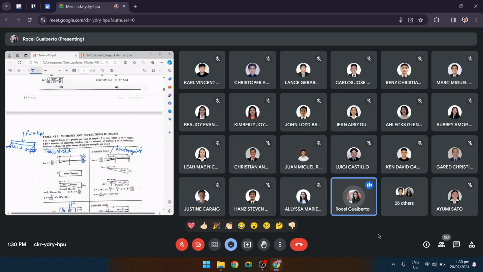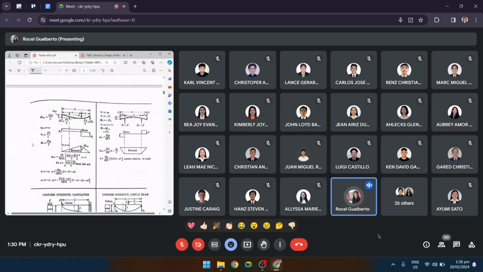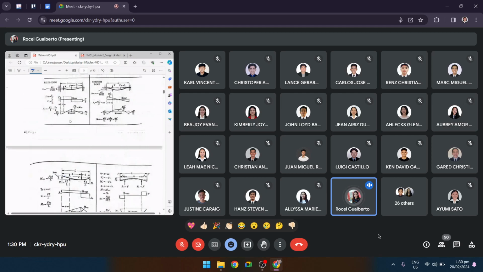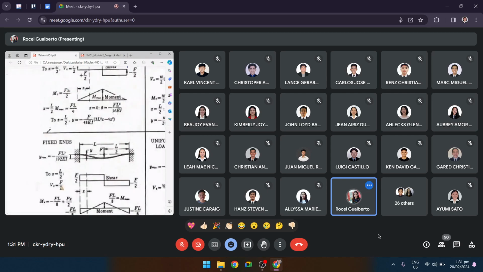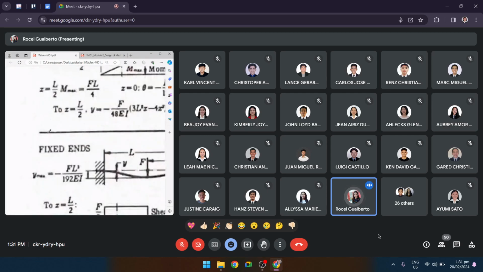Because you have here the supports which serve as the reactions. This is our reaction at A, and the reaction at point C. So, when we see that it is the same as the one treated in table 82, what you need to see is the equation for M maximum.